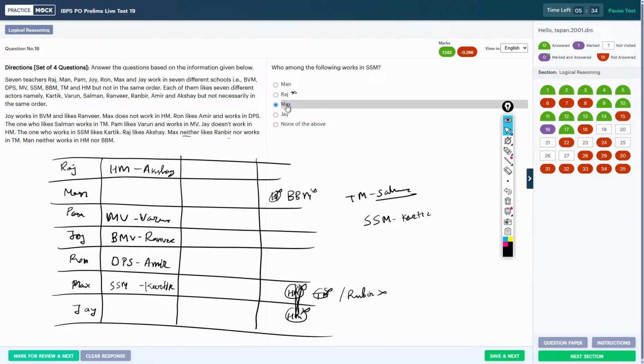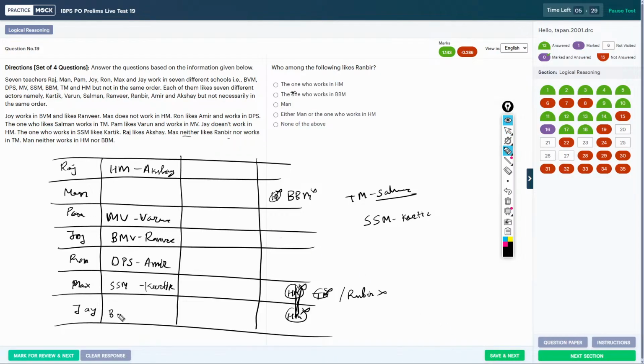So Max in SSM will put me in a position to put BM here and TM Salman here and Ranveer here. So Ranveer is BBM or Jay. BBM Jay or BBM. Yes. TM Man.